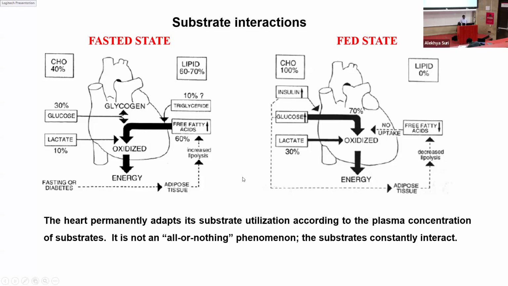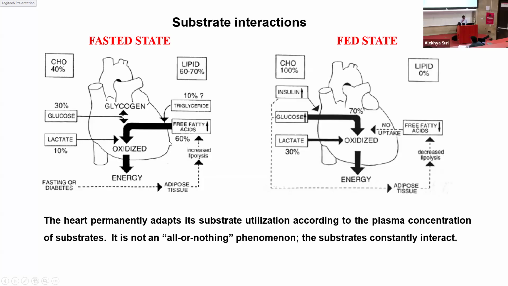So this cartoon illustrates how the cardiac muscle behaves depending on the substrate availability. For example, in a fasting state, you're going to have a very low amount of carbohydrates. The fasting will stimulate the free fatty acid production through the lipolysis of the adipose tissues, and then the fatty acid will be utilized by the cardiac myocytes.